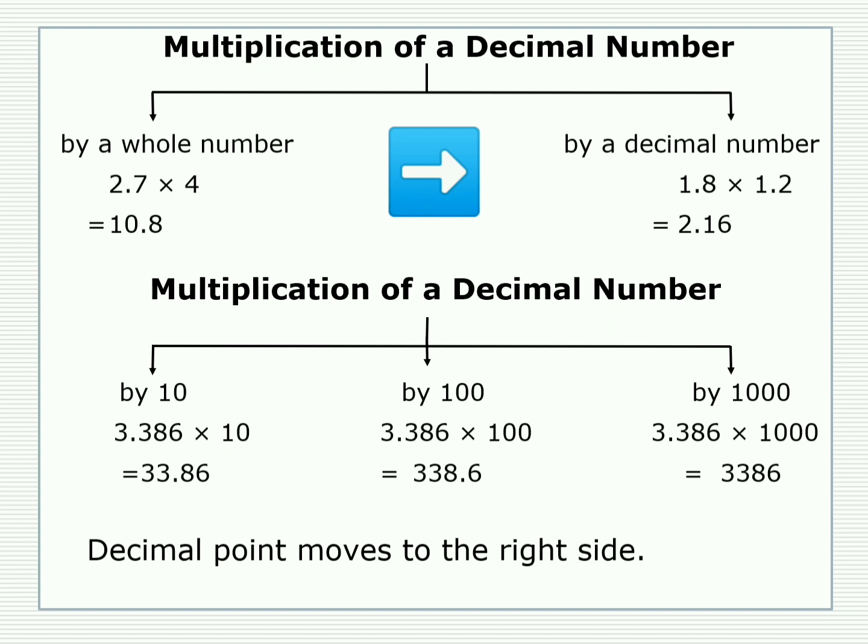Now we have to insert the decimal point in the product equal to the sum of the number of decimal places in the given decimal numbers, that is in the multiplicand as well as the multiplier. So how many are there? 1 plus 1 gives us 2. So the answer is 2.16. Clear, children?